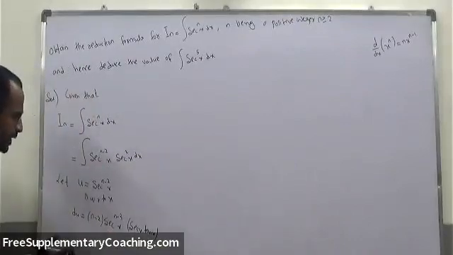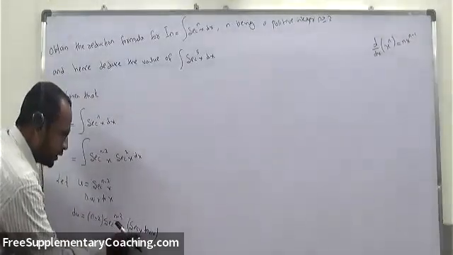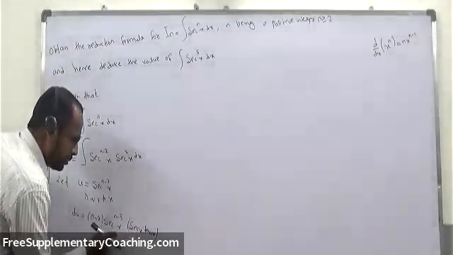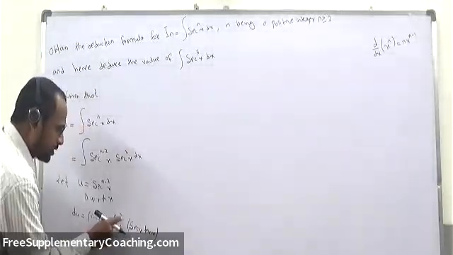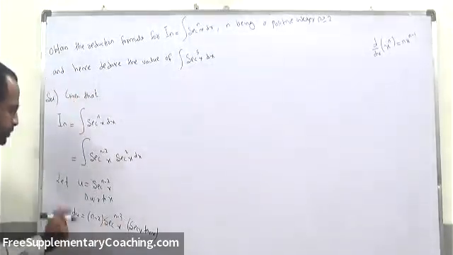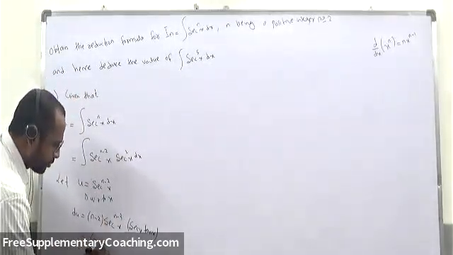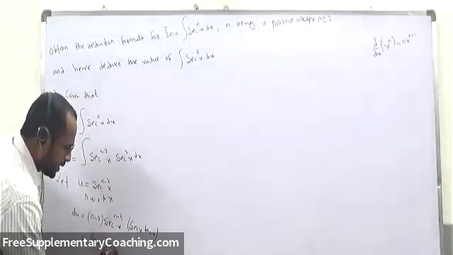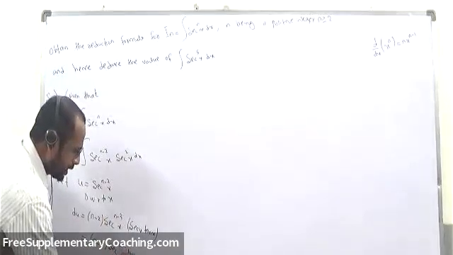Now look here: secant power n minus 3 x into secant x. If you multiply these two, the bases are the same, so the powers should be added. So n minus 3 plus 1 is n minus 2. So in a more proper way, I can write n minus 2 secant power n minus 2 x into tan x.